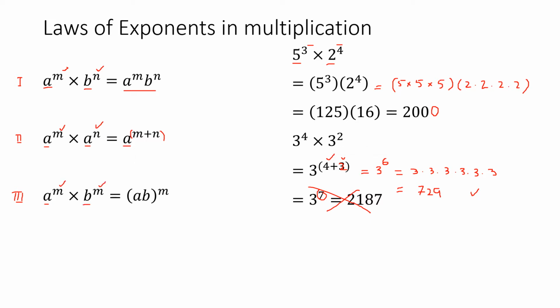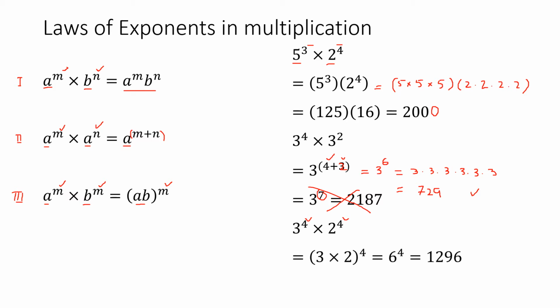Another rule is rule 3 of exponents, where bases are different but you see the exponents are the same, then what we do, we write a and b side by side and we can write one power on it.